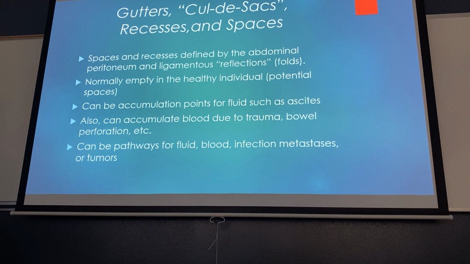Normally, these spaces, cul-de-sacs, and pouches, whatever term you want to use, are typically empty, just a potential space. Nothing is within them. When you have pathology or trauma, fluids can build up, because these fluids will seek an area that's open. So it's important for us to be aware of it.